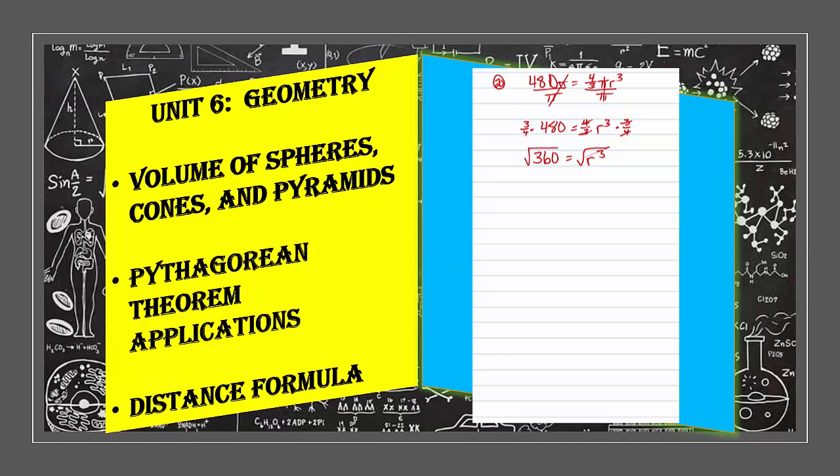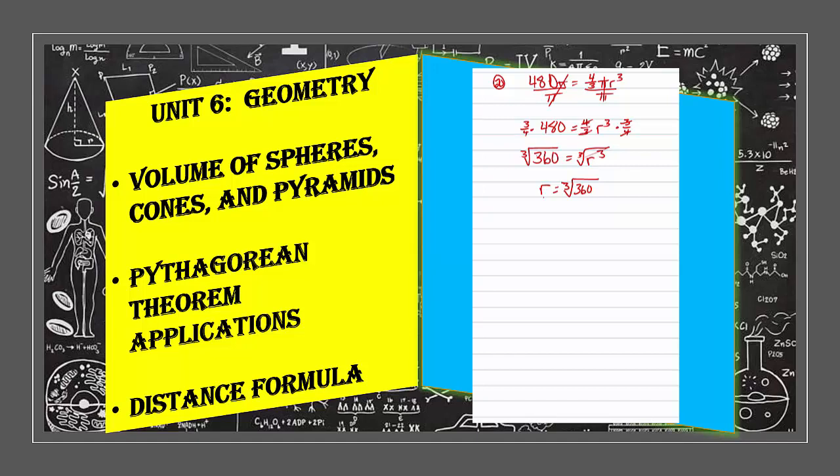It's where we take the cubed root of both sides, and r is now equal to the cubed root of 360. Now, 360 does not cube down into a simple, clean, easy value, which is okay because I don't really need it to.